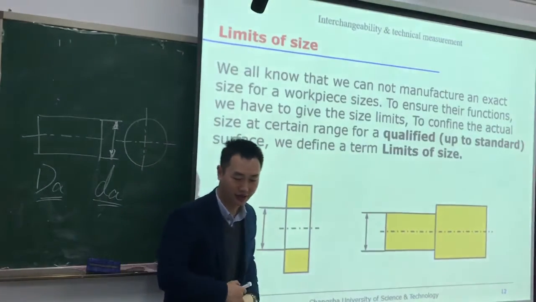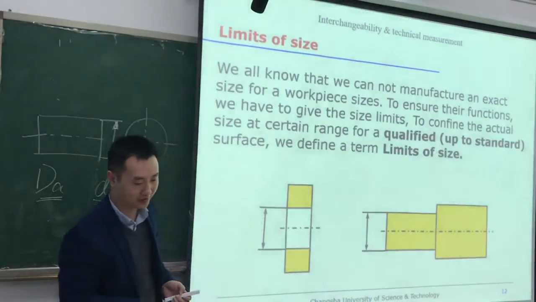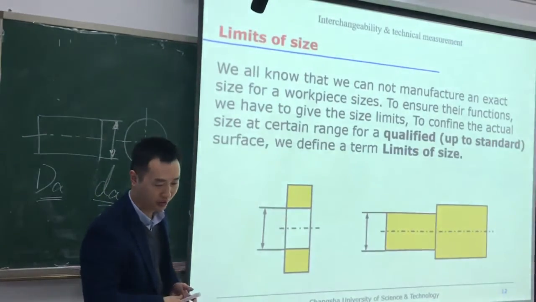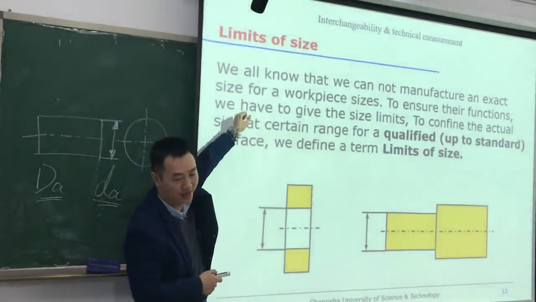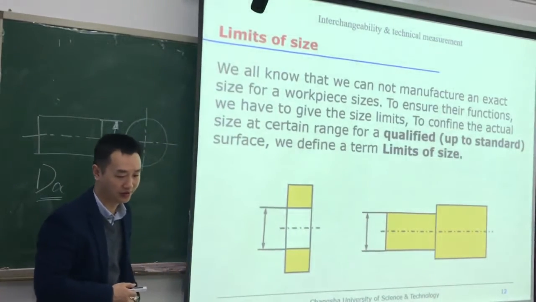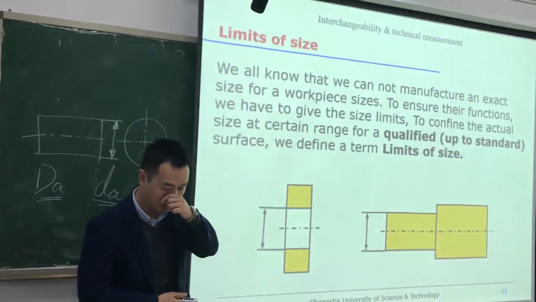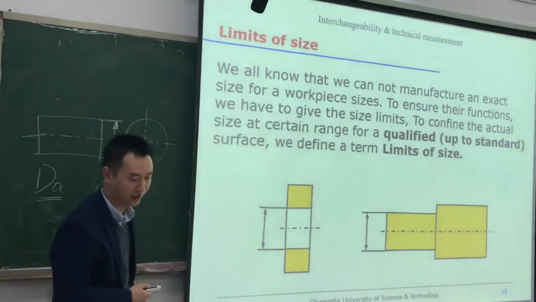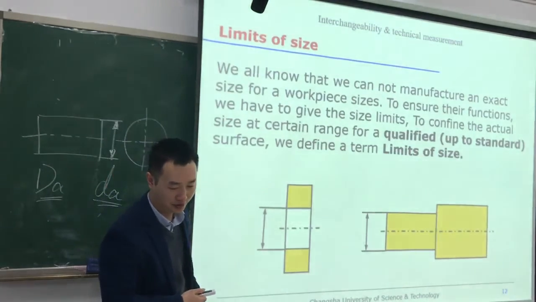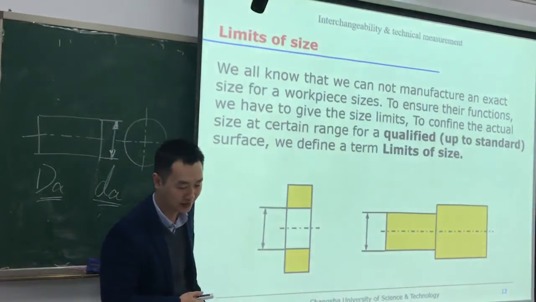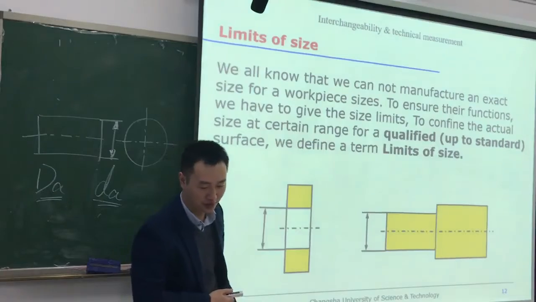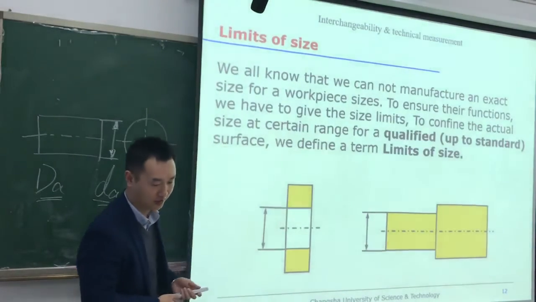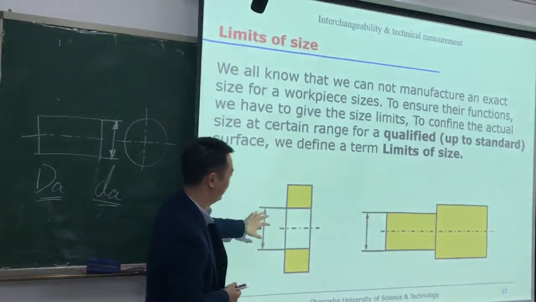Now let's talk about the limits of size. We all know that we cannot manufacture the exact size for workpieces. To ensure their functions, we have to give size limits. To confine the actual size to a certain range for a qualified surface, we define the limits of size.